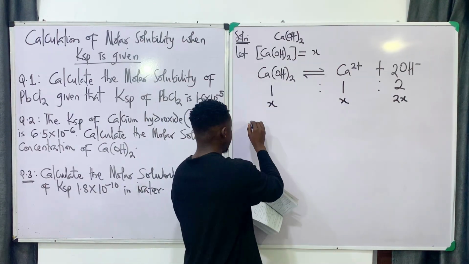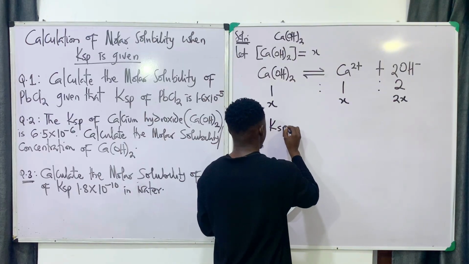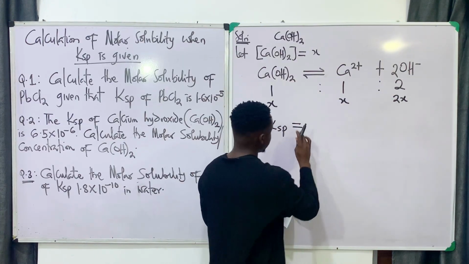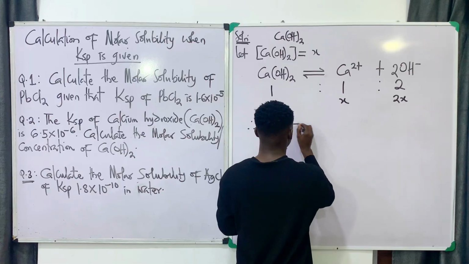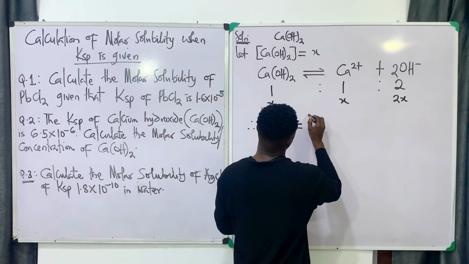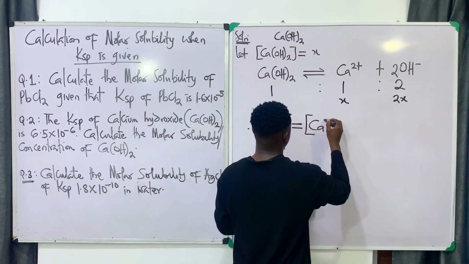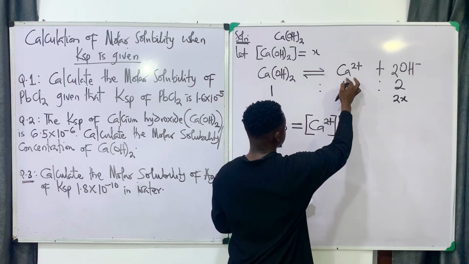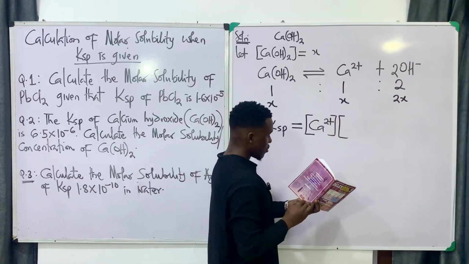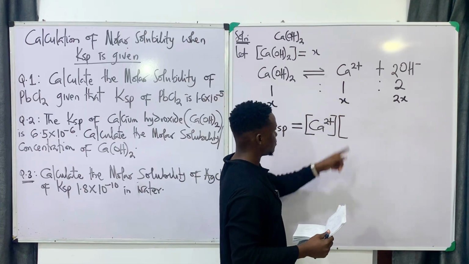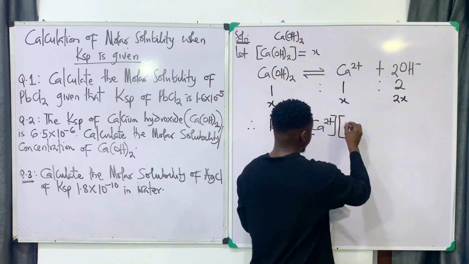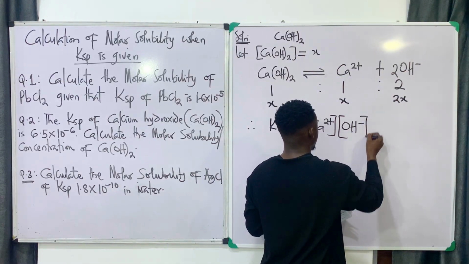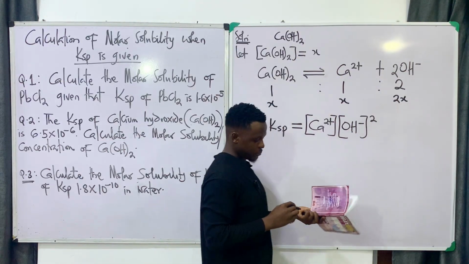All right, so I'll therefore say Ksp is, now this is calcium 2+ raised to the power of 1 and then times OH- raised to the power of 2.